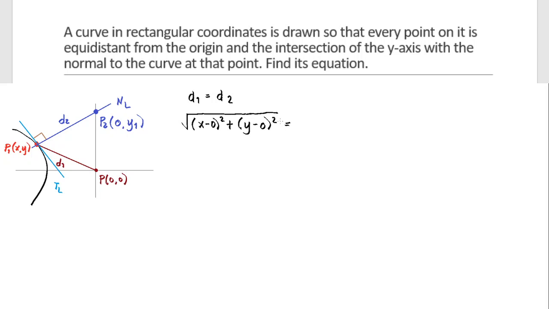What is D2? D2 is the distance between this point and this point. Again, use distance formula between 2 points. That would be x minus 0 squared plus y minus y1 squared. These are the ordinates of the 2 points.